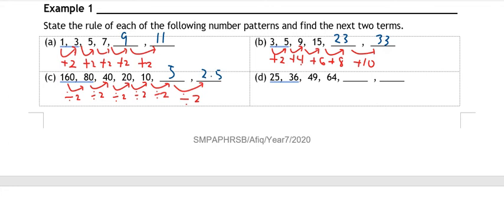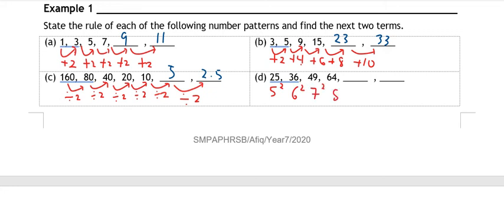Right, so let's have a look at the next part, D. 25, 36, 49, 64. Now here you can see 25, 36, 49, and 64 follow a certain pattern, which is square numbers. So 25 is actually 5 squared, right? And then 36 is 6 squared. 49 is 7 squared.